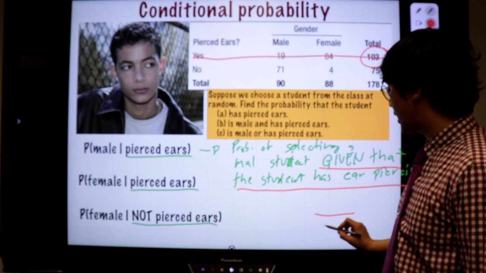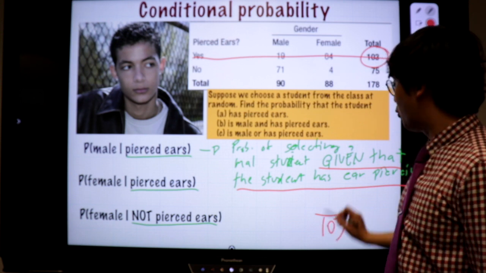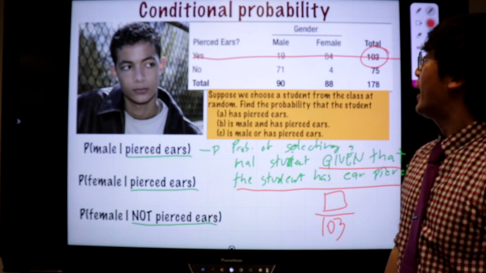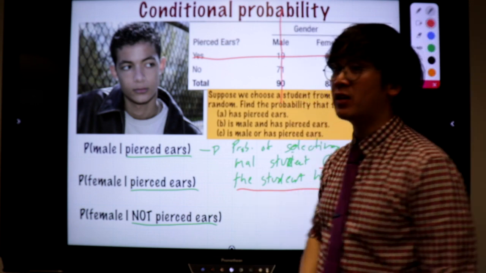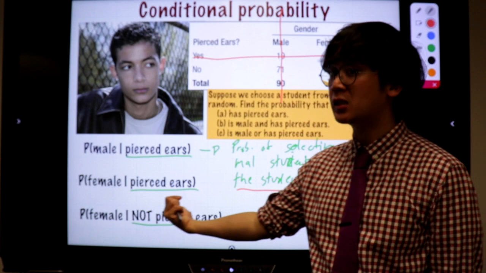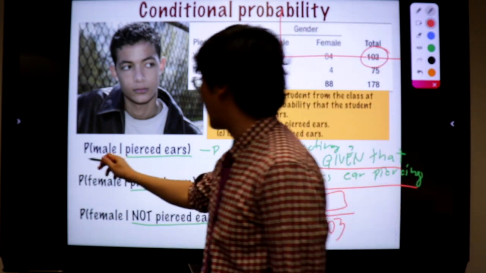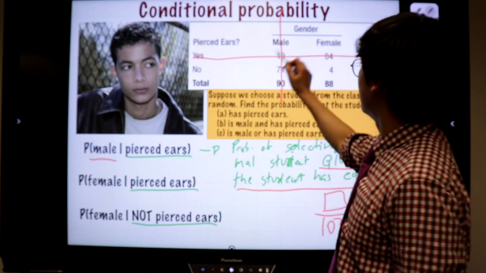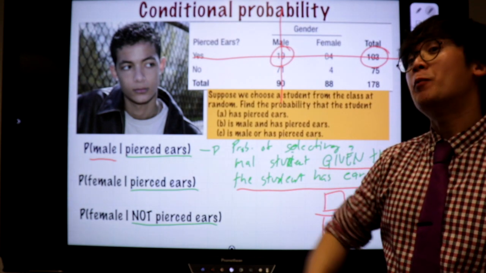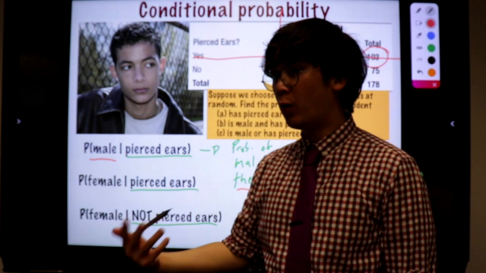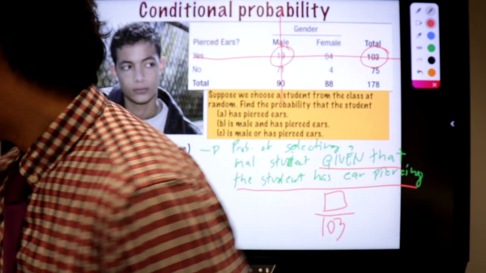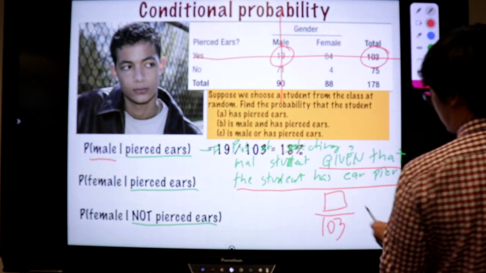So our denominator is going to be 103. What will be our numerator? 19. It will be the intersection of the two conditions mentioned in this probability question, which is male with ear piercing. Male and ear piercing. So that is how you compute conditional probability when you have a two-way table. Got it? So for number one, your answer is simply 19 out of 103.